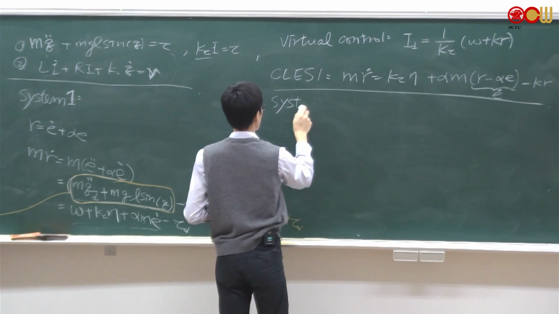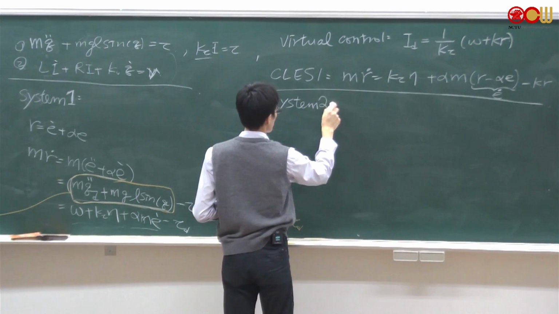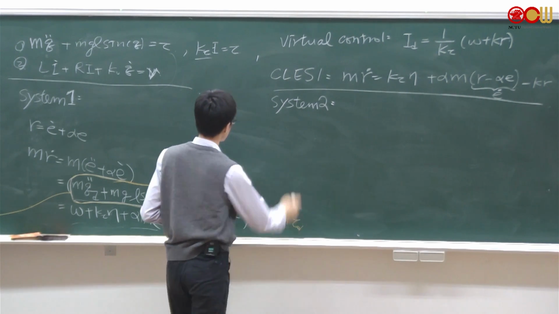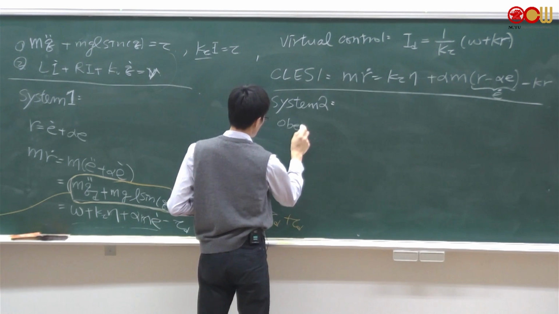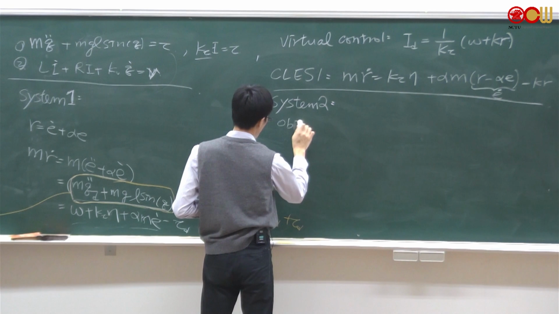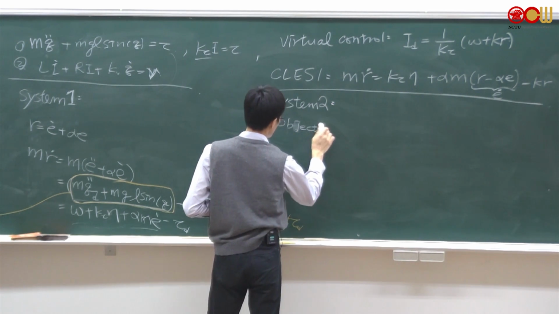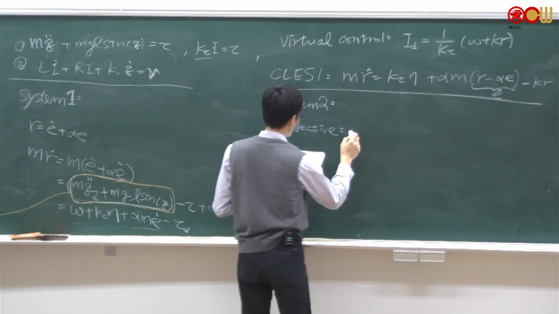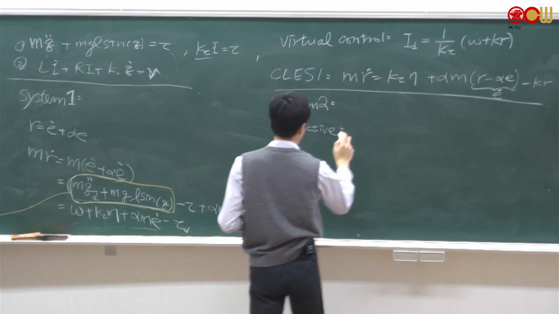System 2. For system 2, the objective is for eta to be 0.